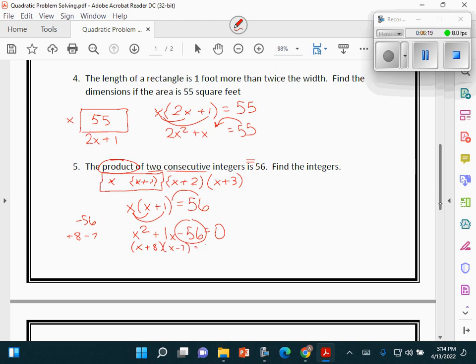So our solutions are negative 8 and 7. When it says find two consecutive integers, first we start with negative 8, and the next number when you're counting would be negative 7. Now from 7, we also have to count consecutive integers, so it would be 7 and 8. So you have two sets of solutions there.